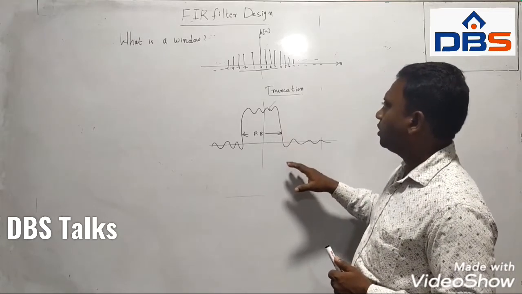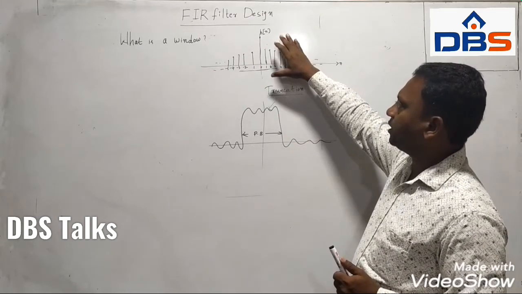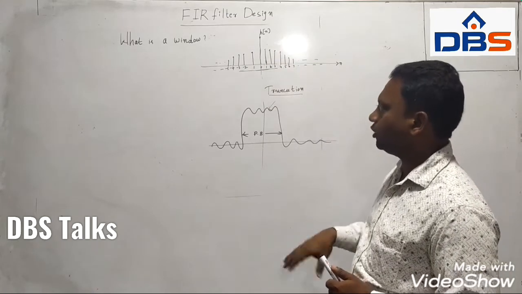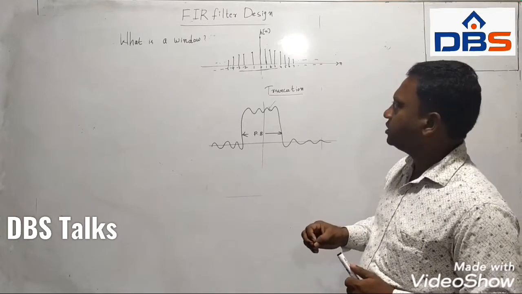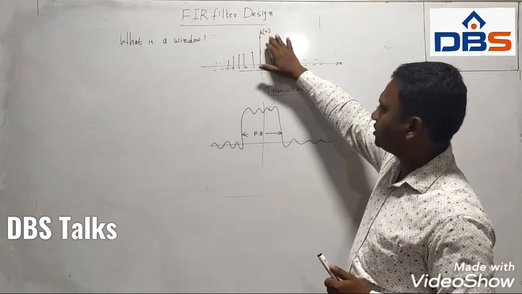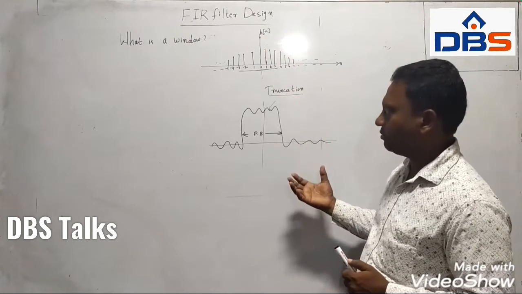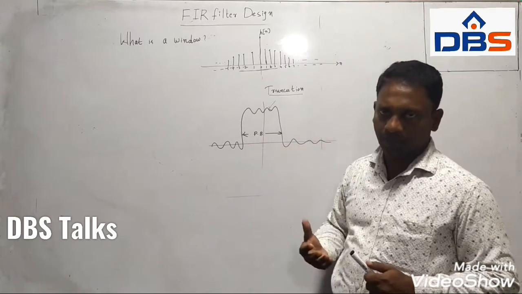Therefore, if you want to smoothly truncate this infinite impulse response to a finite impulse response, we have to multiply or weight the infinite impulse response by some weighing function. That weighing function is called a window.